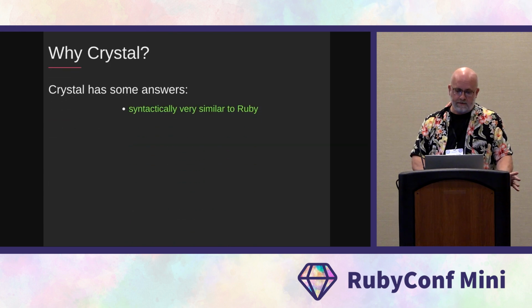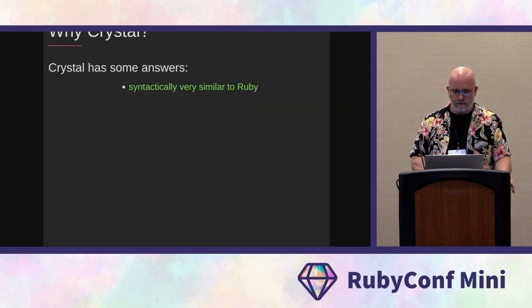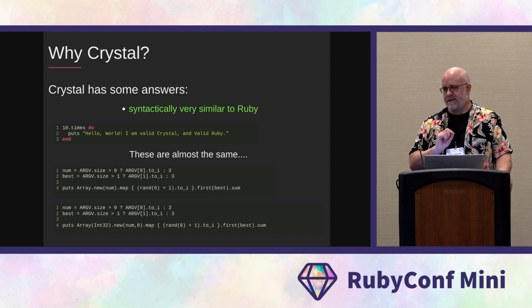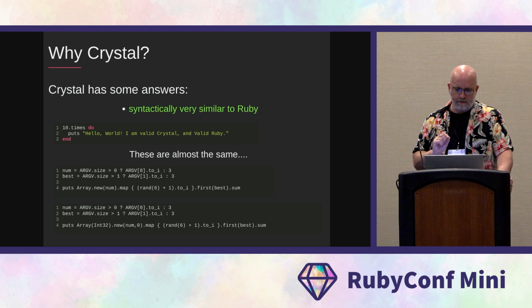And Crystal has some answers to some of these things. It is syntactically extremely similar to Ruby. If you look at this code, that first little snippet, it's the same, Crystal or Ruby. And the next two snippets are almost the same. The one on top is Ruby and the one on the bottom is Crystal.